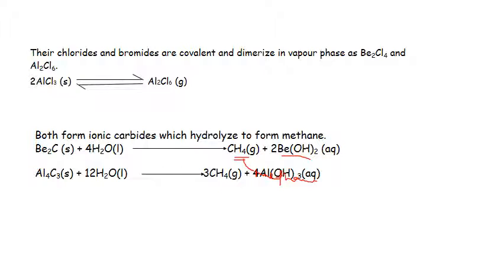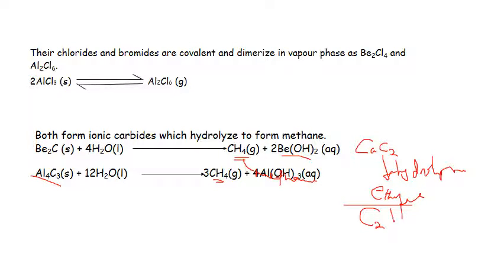When it is also aluminium carbide, it forms for us the same thing. Unlike calcium carbide, which is going to form for us ethyne on hydrolysis. So hydrolysis is addition of water. So ethyne is always C2H2.